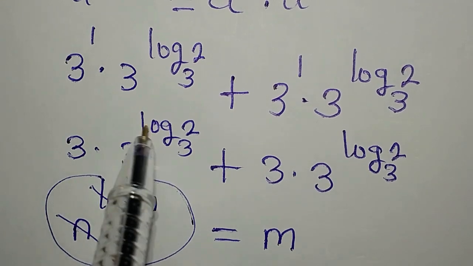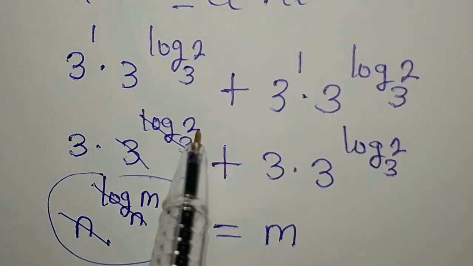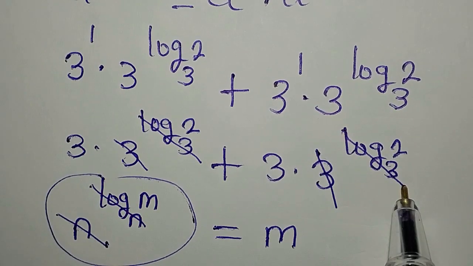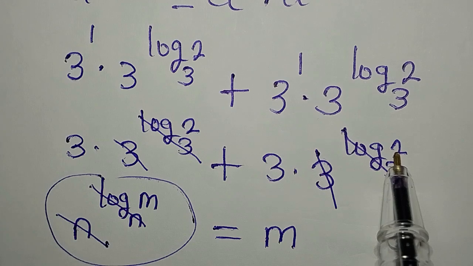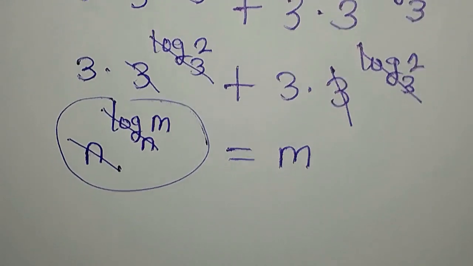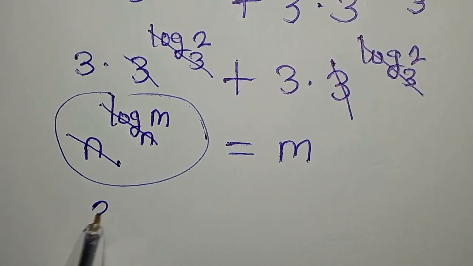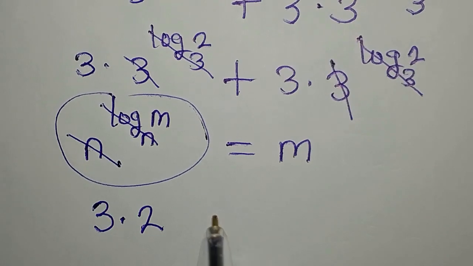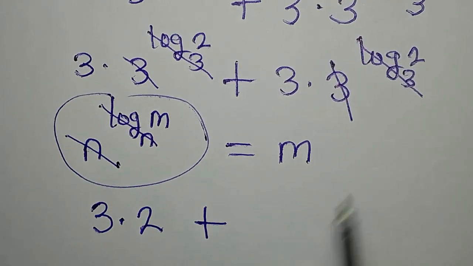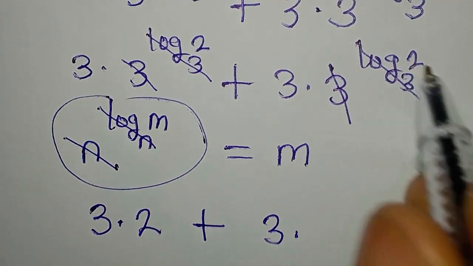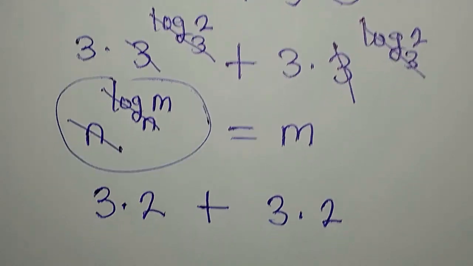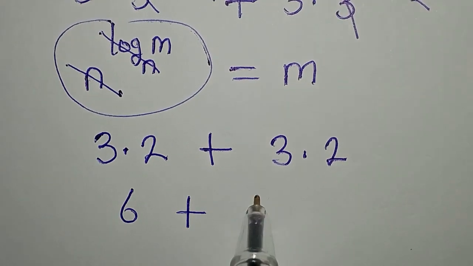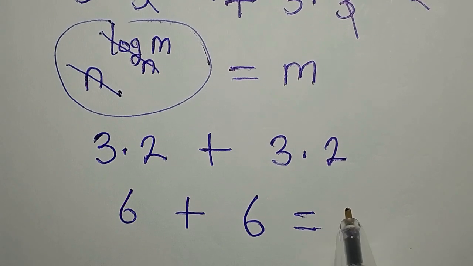So this is going to cancel this and 2 will be left over. This will also cancel this out and 2 will be left over. So at the end of the day, we will be having 3 multiplied by 2, plus 3 multiplied by 2 over there. Then this will give us 6 plus 6, and 6 plus 6 is 12.